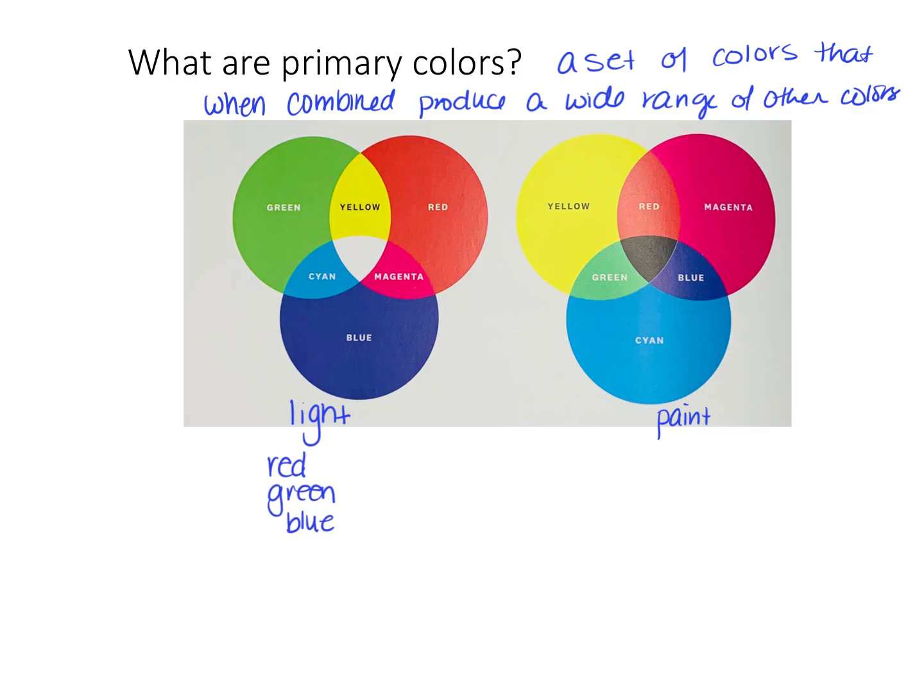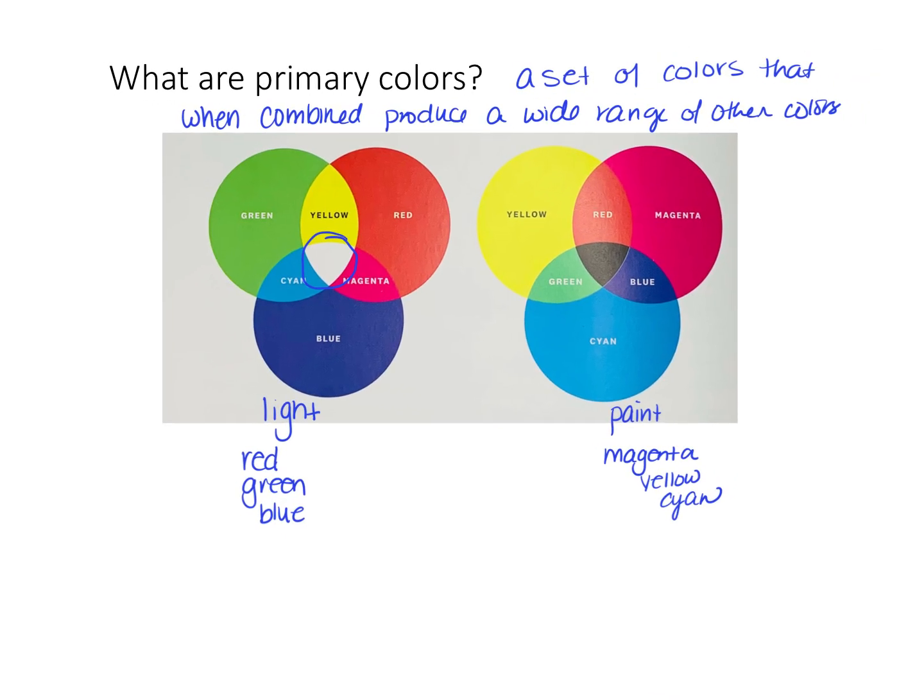If you mix all of them together, you should get white light. The primary colors for paint, we're going to go with magenta, yellow, and cyan. Those are the three primary colors for paint.